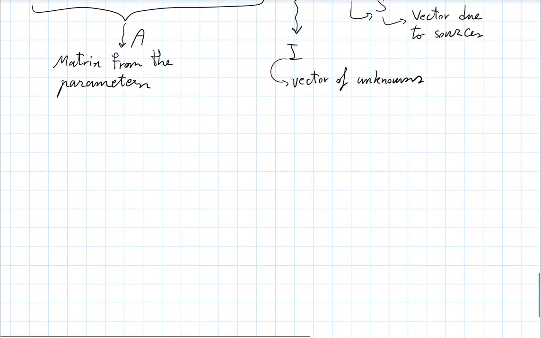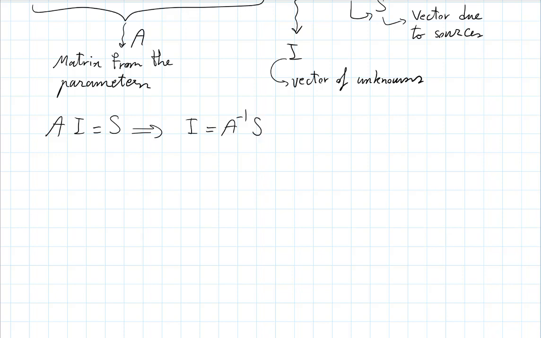So your equation is A times I equals S. And so to solve this, I is A minus 1 times S. And again, I rely on what you saw in linear algebra.